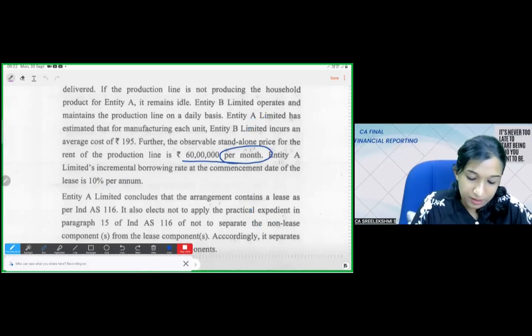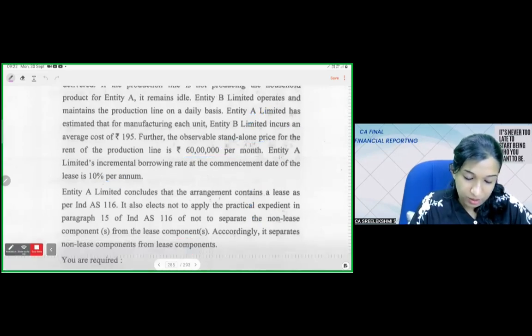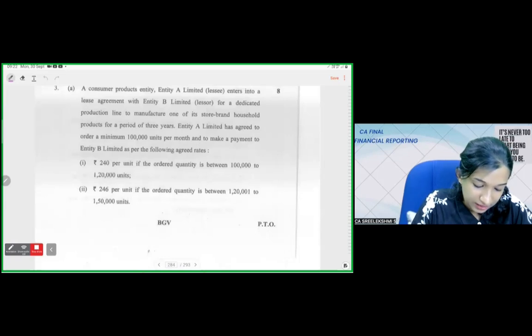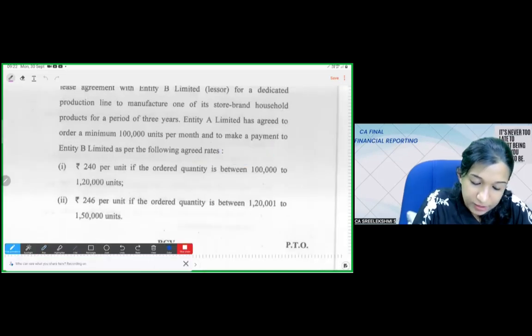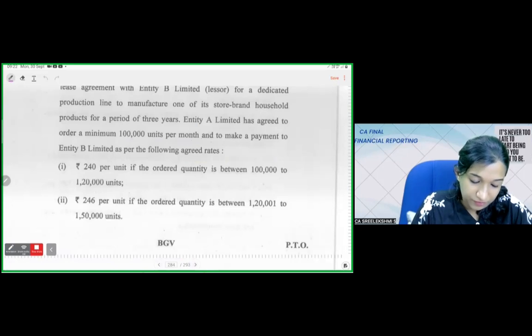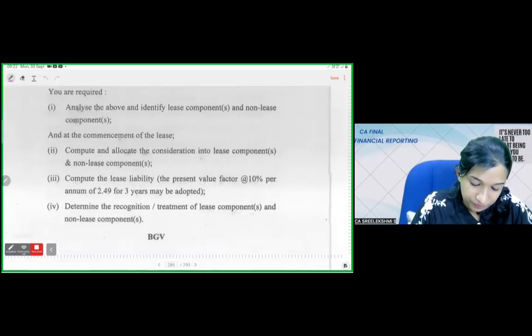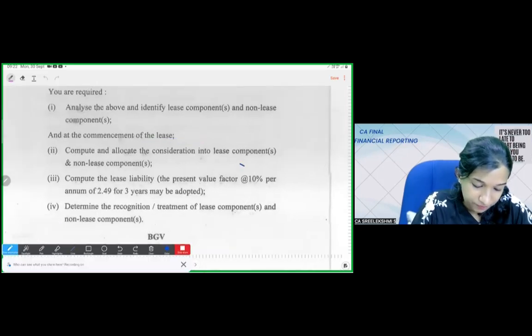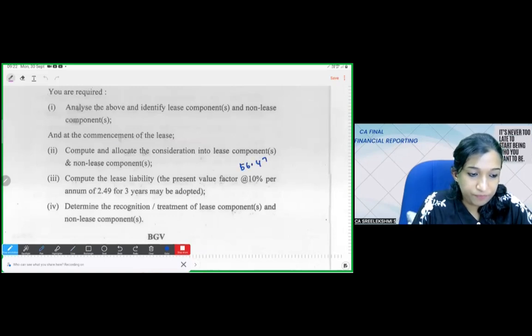So here also it is 1 lakh units per month. So this is 56.47 into 12 into 2.49.